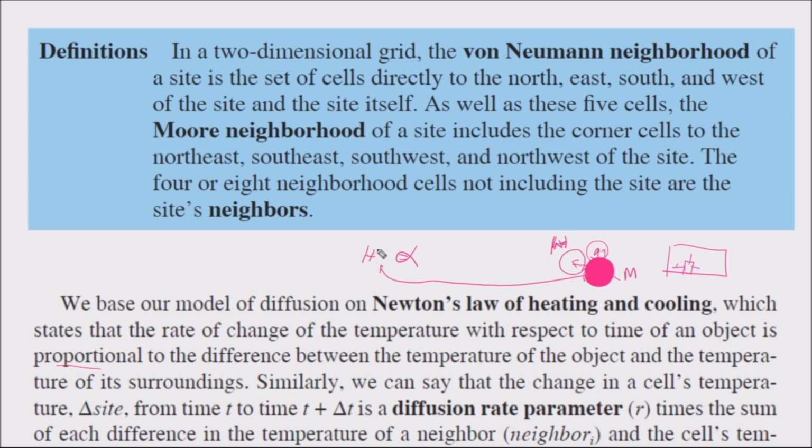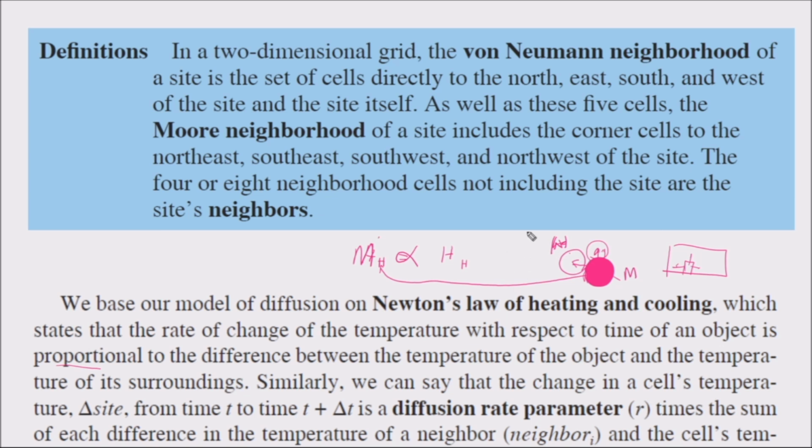So the heat of m is proportional to whatever heat h I have here. That means not the whole thing goes here, some amount will go there, right?